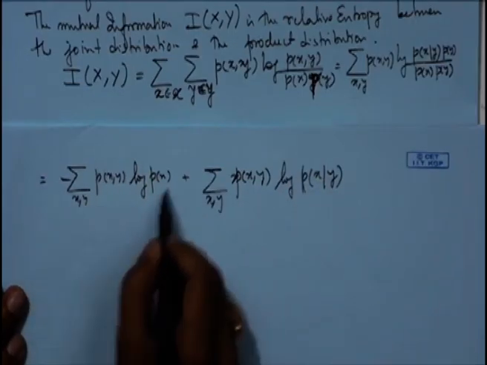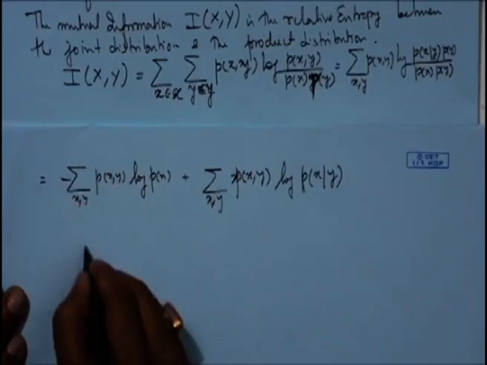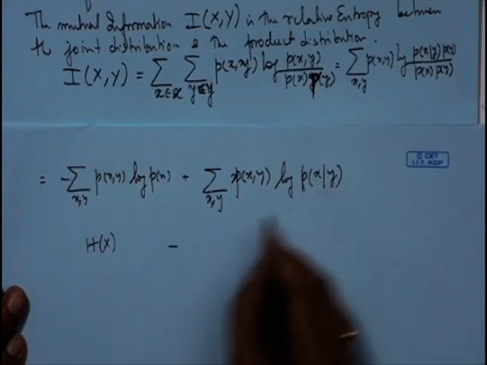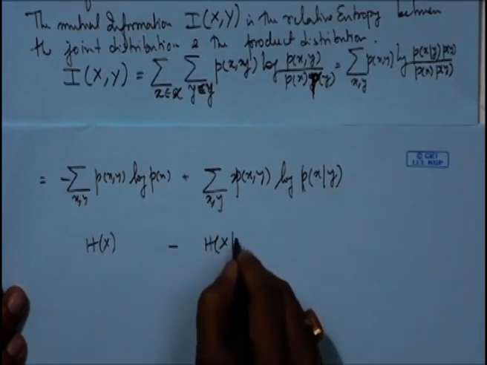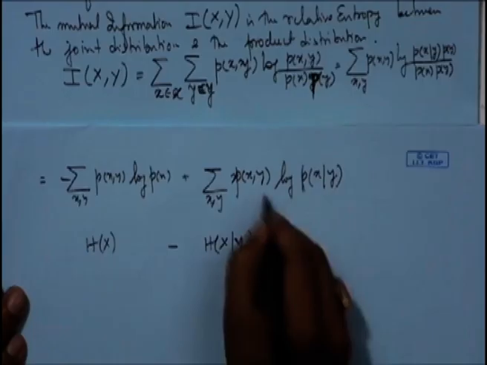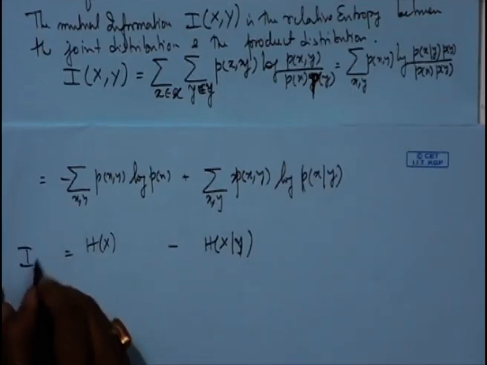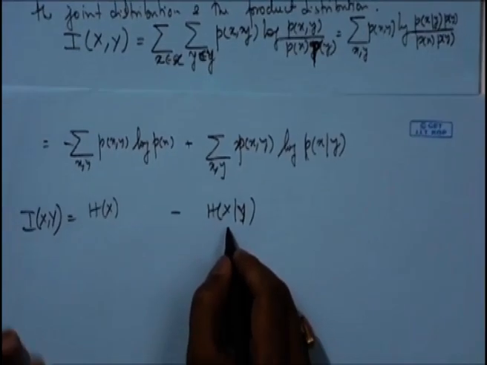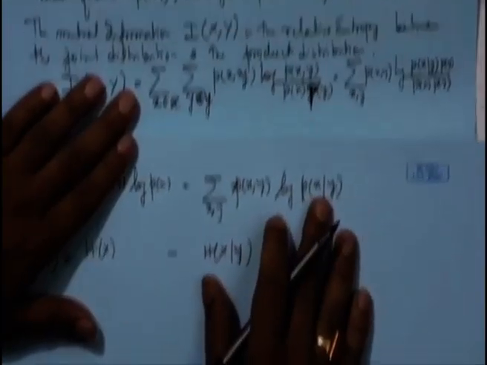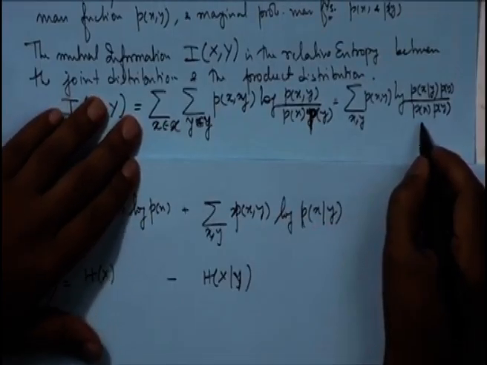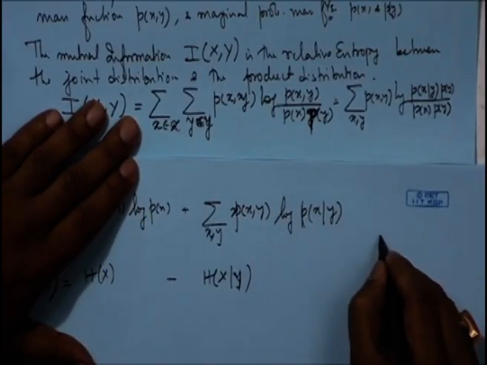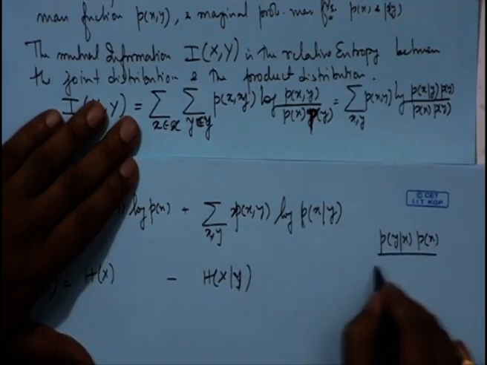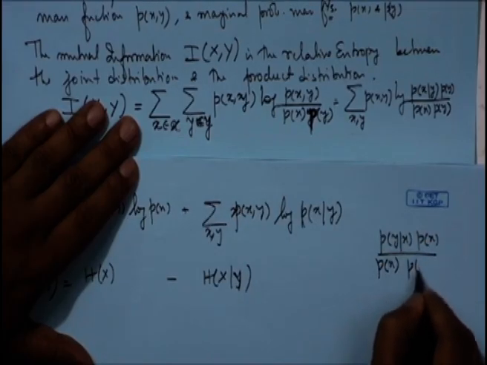You can easily recognize this is basically h of x, and this is basically minus h of x given y. So this is what we have built earlier. So I x y could be written in terms of h x and h of x given y. In a similar manner we could expand this part by writing p of y given x times p of x over p of x times p of y.